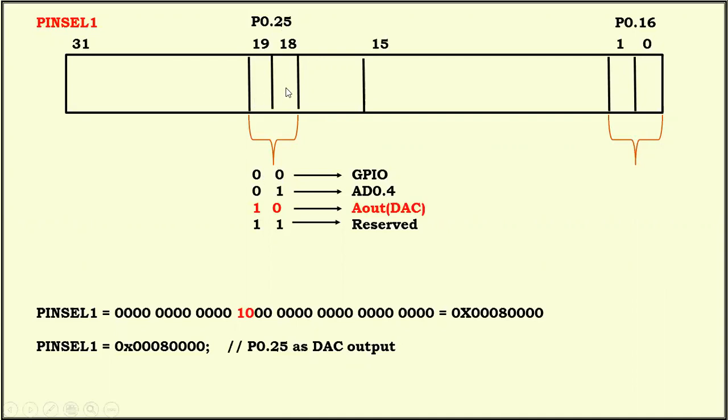If it is 01, that is for ADC, and 10 is for DAC. If you write 10 here, I'm going to configure P0.25 as AOUT, analog out. Therefore, whatever the analog information is, it is available on this particular pin. If it is 11 here, that is reserved.